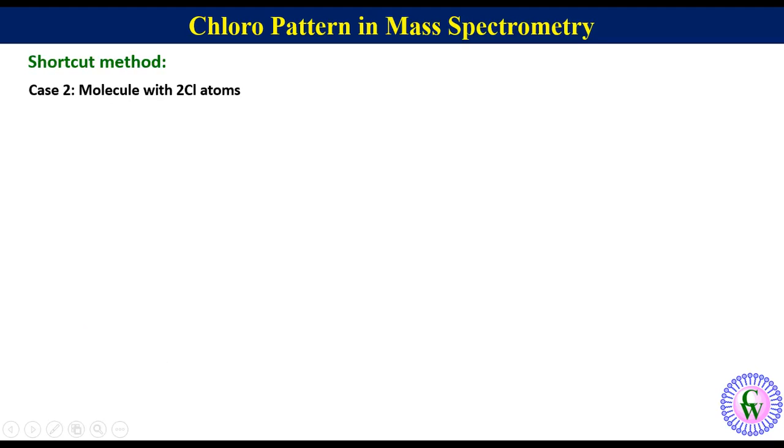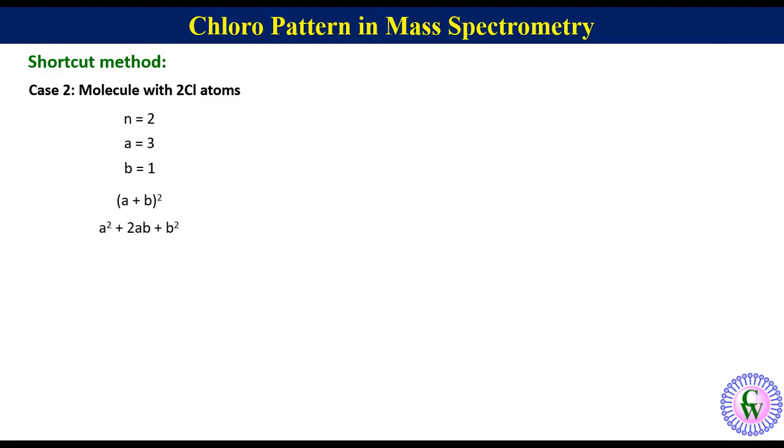Case 2, in which there are 2 chlorine atoms in a molecule. In this case, n is equal to 2, A is equal to 3 and B is equal to 1. Since n is equal to 2, the formula will be (A plus B) power 2. Upon expansion, it will become A square plus 2AB plus B square.